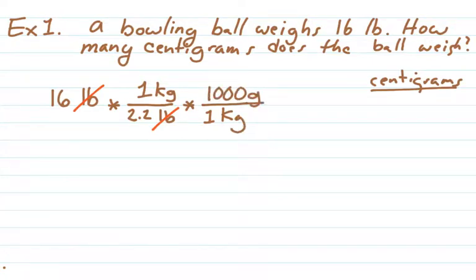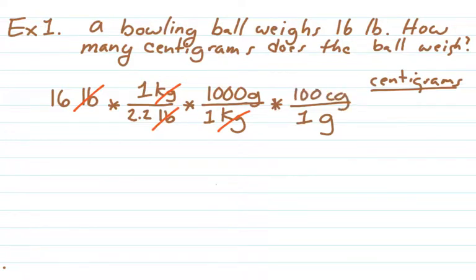So now we've gone from kilograms to grams. That's a conversion factor right here. Next, we got to go from grams to centigrams. So if I have 1 gram, that is 100 centigrams.